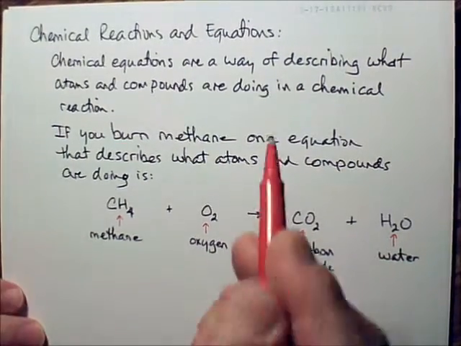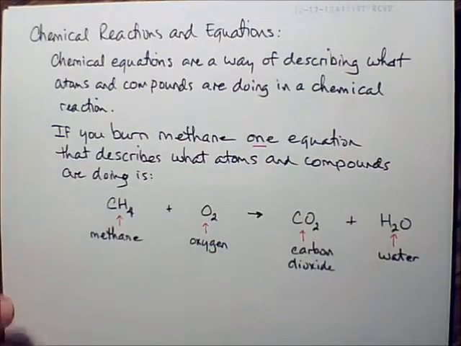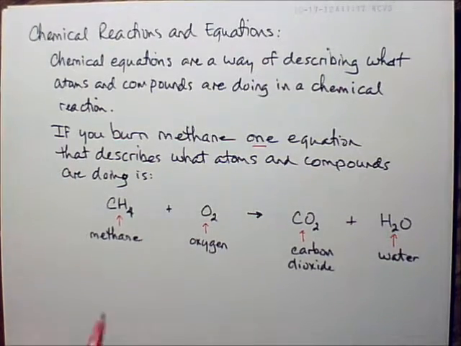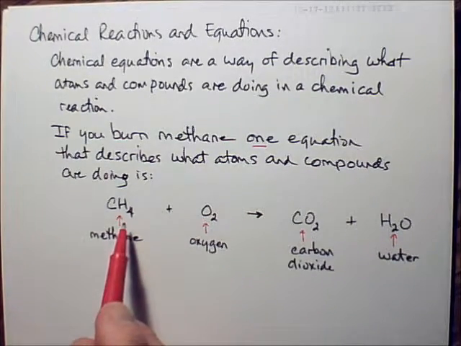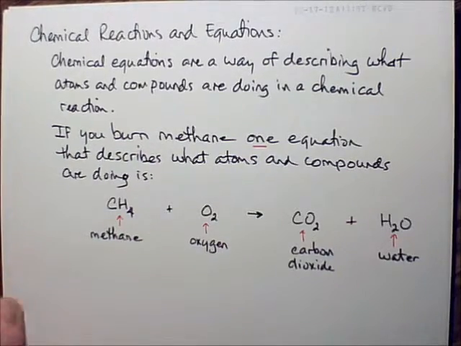Now, I did say one equation because there are other ways of representing this same reaction. In this class at this time, this is the kind of equation we're going to be dealing with. However, there's a couple more things you need to know. We need to know the physical state of the methane.